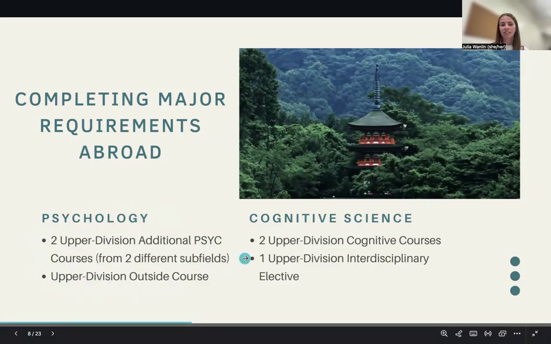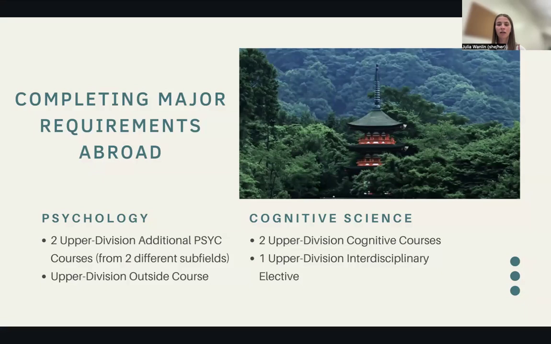For cognitive science, you are able to take 2 upper division cognitive courses abroad. We have some cognitive core courses that are already approved, but most of the time I would say it's cognitive electives that you're taking. And then you can also take 1 upper division interdisciplinary elective abroad.